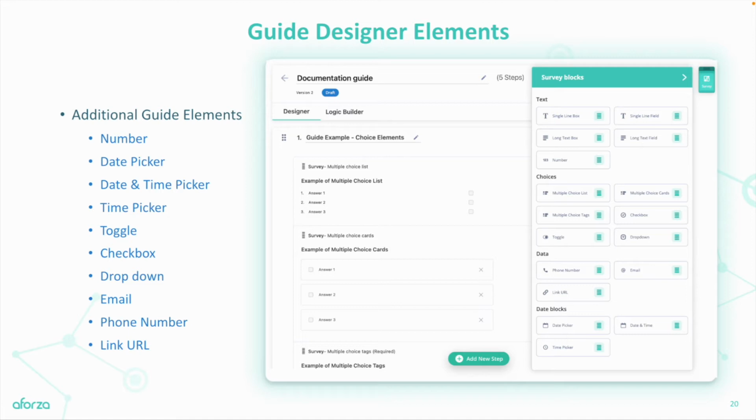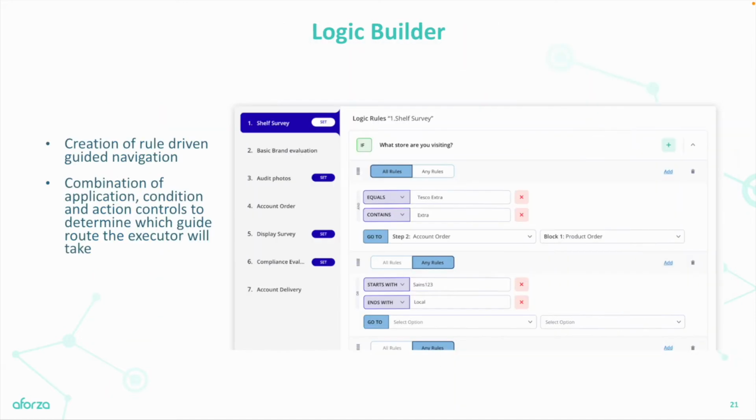And this is what will make up your guide design. What happens next is the Logic Builder. So here we have conditional statements that allow you to navigate your users throughout unique journeys to take them on the best direction for that particular account and that particular data set.